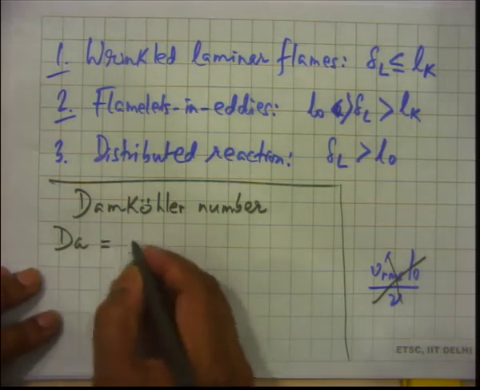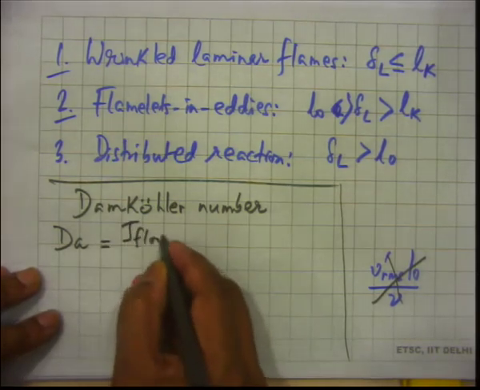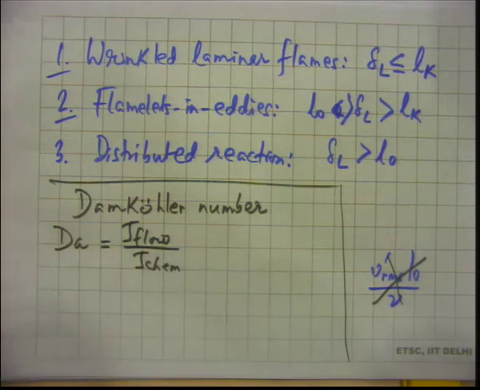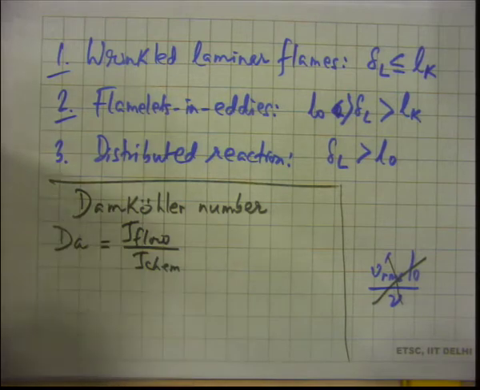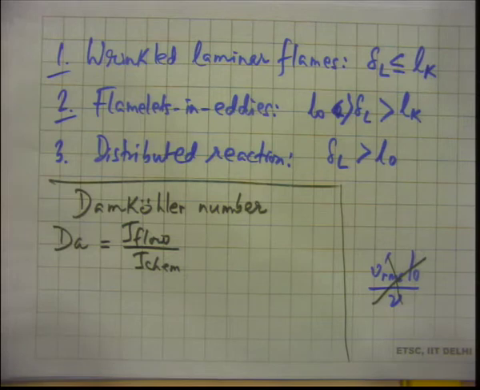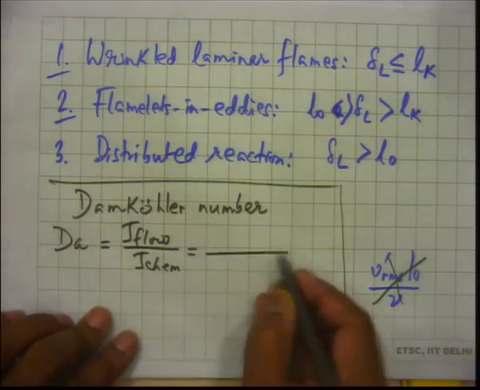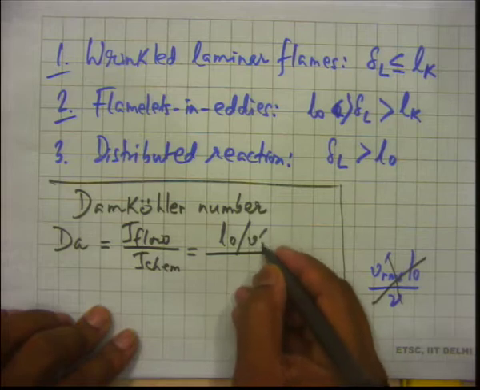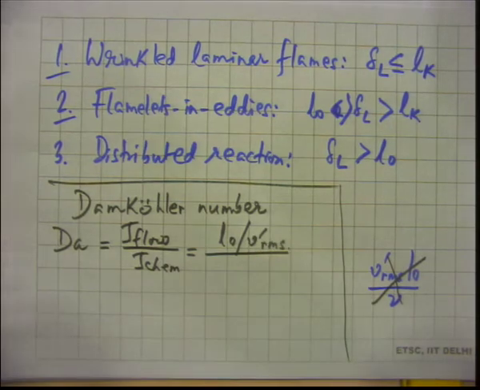This is essentially a flow time divided by a chemical time. So, how will we write a flow time? We will write flow time in this context as LO divided by V prime RMS.